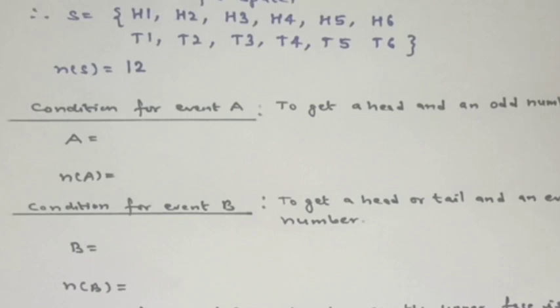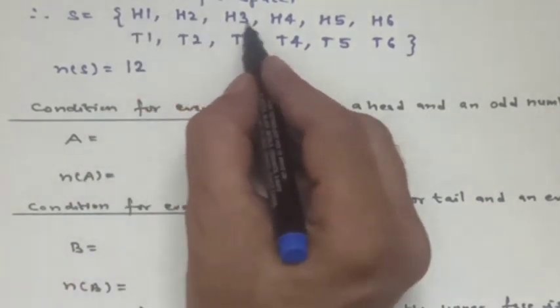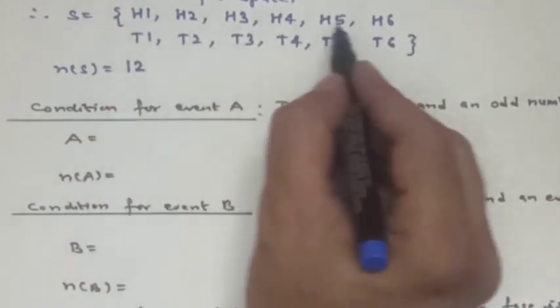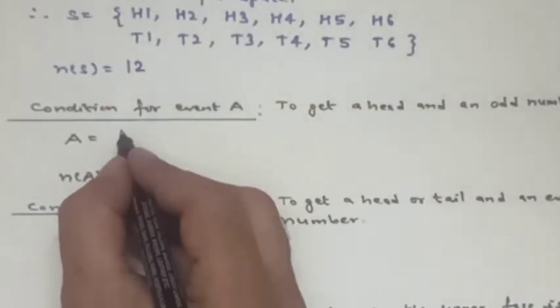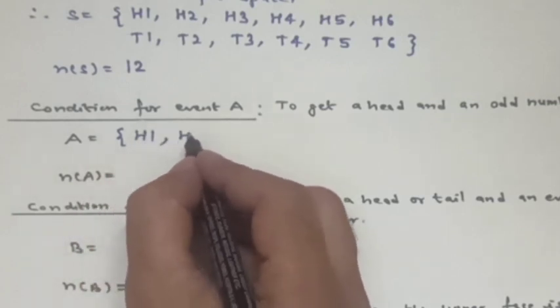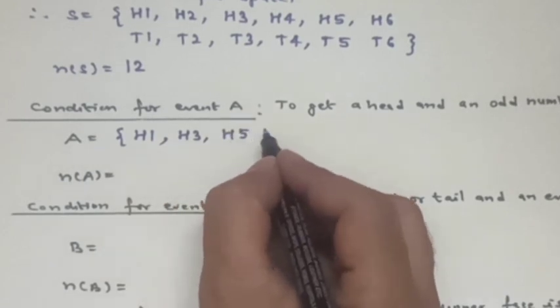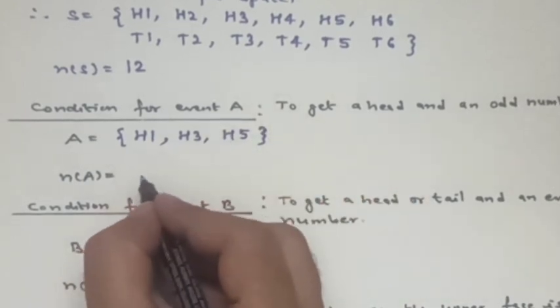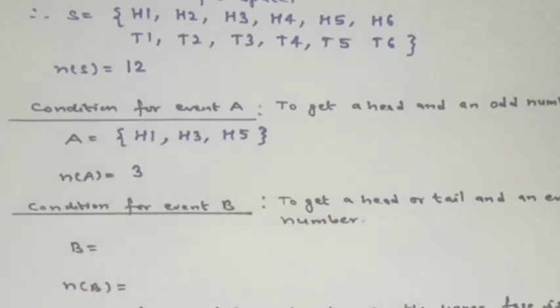Let's go for the condition for event A: to get a head and an odd number. So you can see the first row only, where all heads are there, and find out head with 1, odd number, head with 3 and head with 5. So total 3. So NA is equal to 3. Condition of event B: to get a head or tail, and an even number.